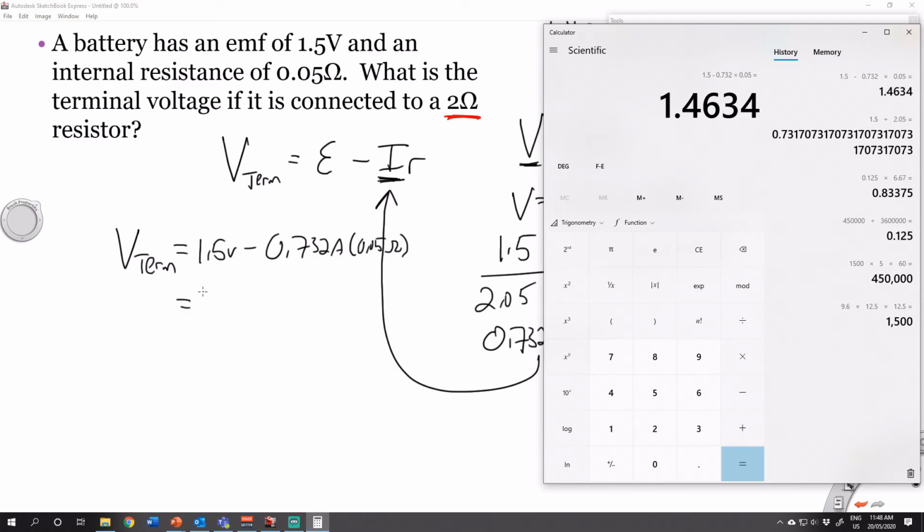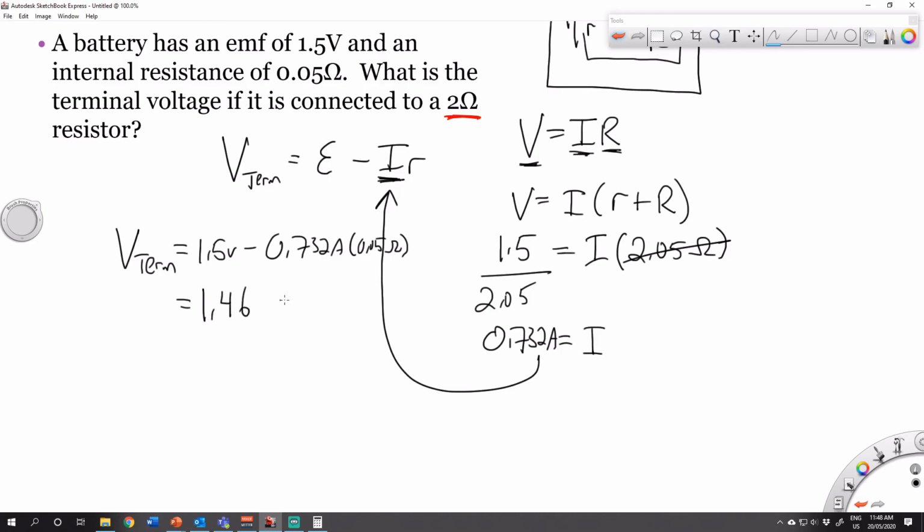Our battery can provide 1.46 volts of actual voltage to the rest of the circuit. And that's what terminal voltage really means. This is the voltage available to the rest of the circuit.